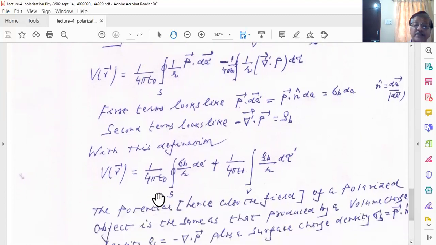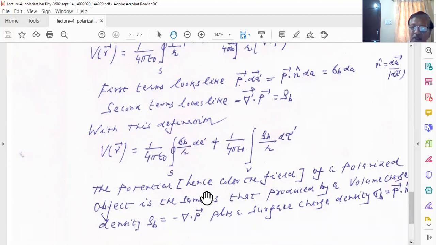So what we have proved here is basically the total potential, hence also the field. Once you know the potential, you can calculate the field. Negative gradient of potential is the field, correct? So we considered the electric potential first, and once you know the electric potential, we can calculate the field. What we have developed here today is that the potential of a polarized object is the same as that produced by a volume charge density plus a surface charge density.